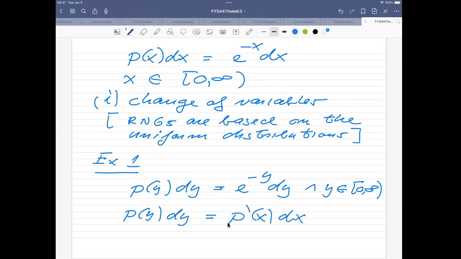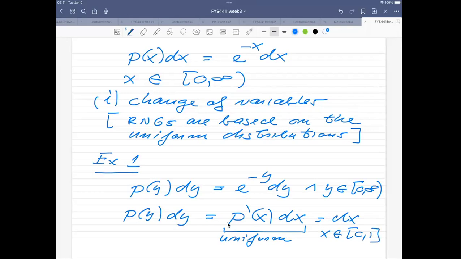So probabilities are conserved. And so let's now assume that this is just our uniform distribution, which is the base distribution, which is typically used in all generations of random variables. So this is a uniform distribution, and that means that this simply reduces to dx when x is between 0 and 1. So we're going to draw points from that one.